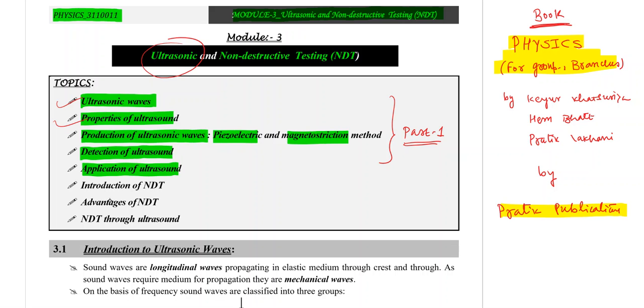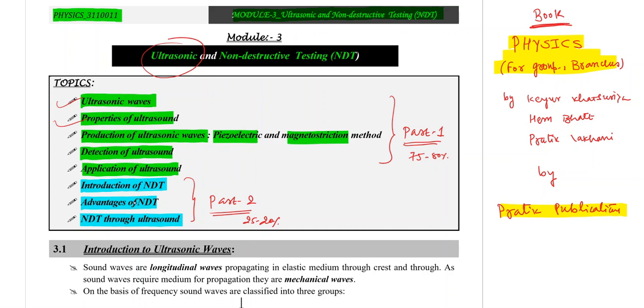Then after, next part will start, which is the introduction to NDT. What is advantages of NDT over DT, and NDT through ultrasound. So this is part 2 of this unit. So entire unit is divided into two parts. Weightage of this part is 75 to 80%, and weightage of this part is 25 to 20%.